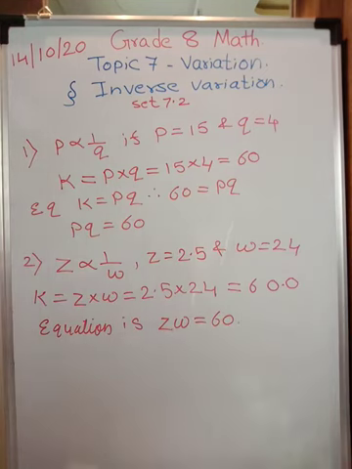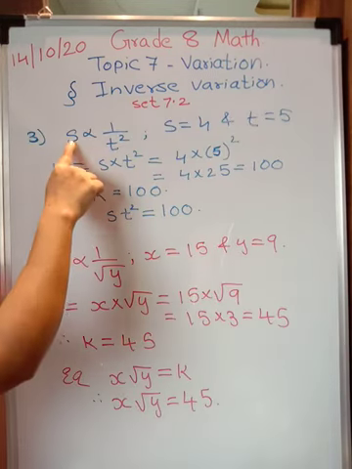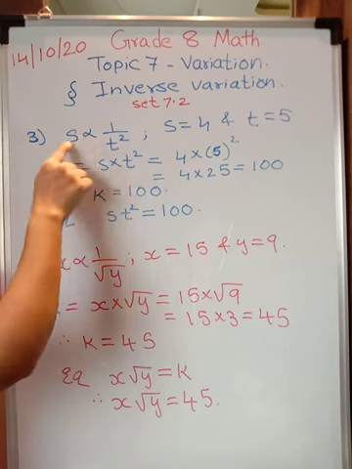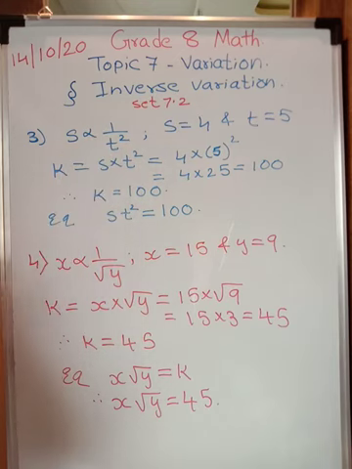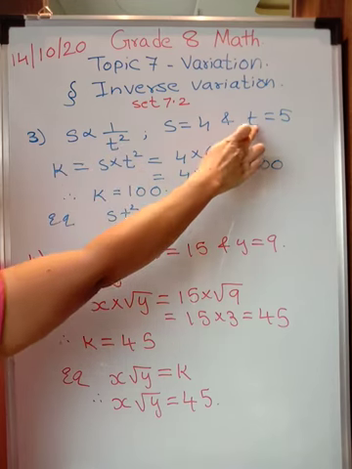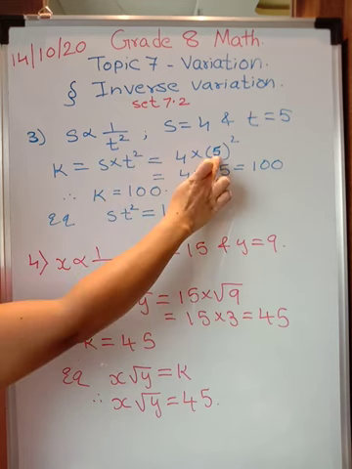Okay. Let's go for the next. Now see third and fourth problem. S is inversely proportional to T square. Or you can say S is proportional to 1 upon T square. Proportional to or inversely proportional to. Okay. Now, relation is between S and T square and value is given of only T. So we need to take the square of T. So I have taken 5 square.